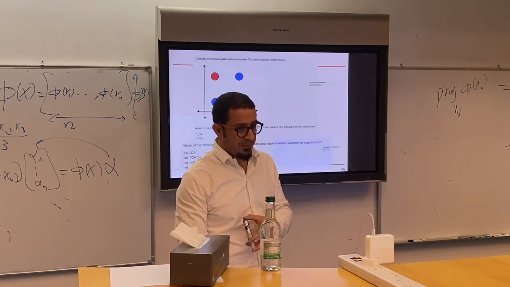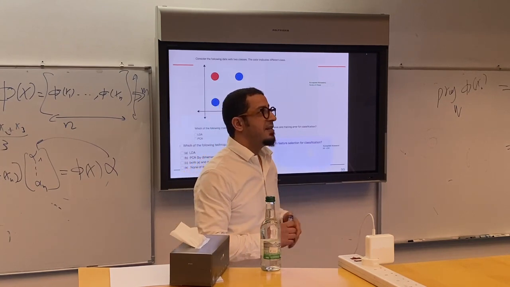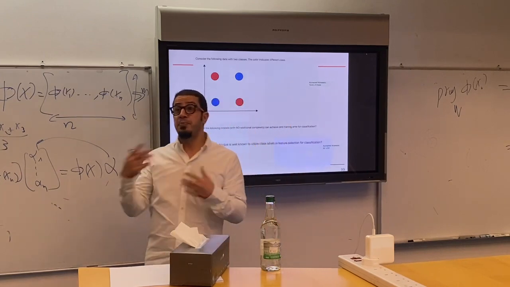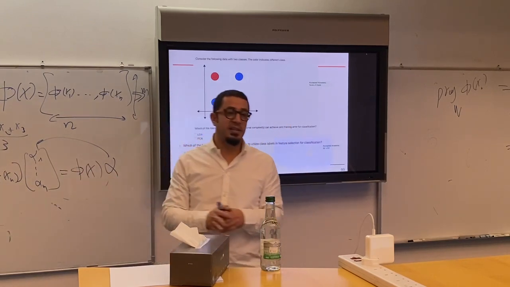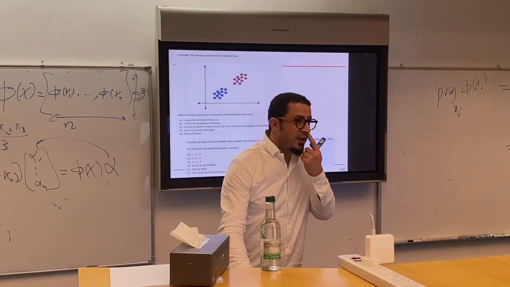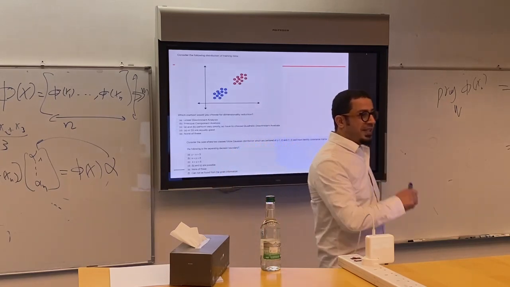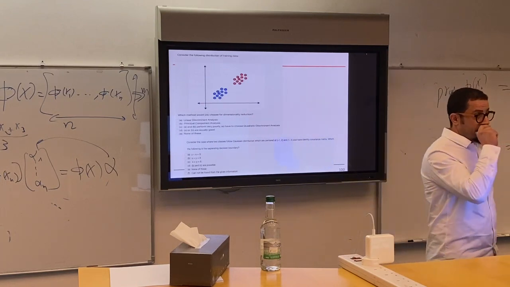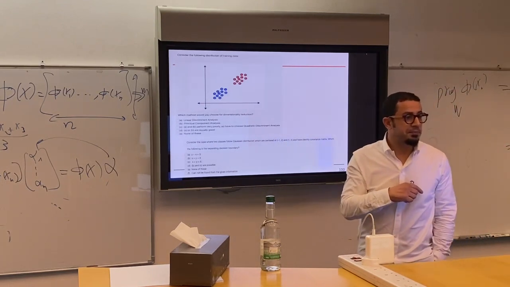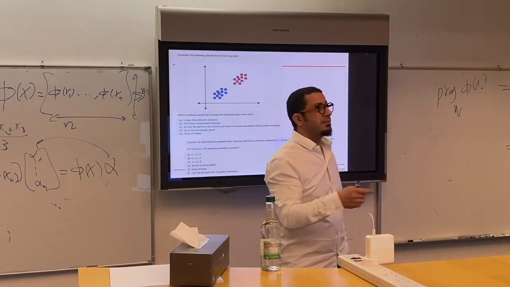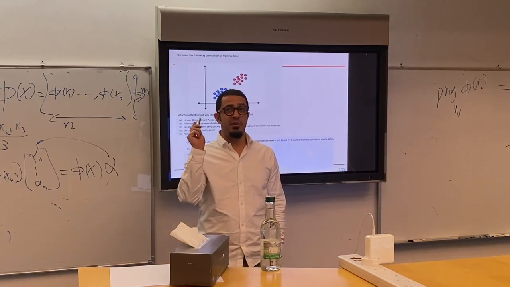So only LDA, because PCA is not for classification. Okay, another one. Here, consider the following. Which model will you choose for dimension reduction? PCA, correct. If you answer PCA only, wrong.